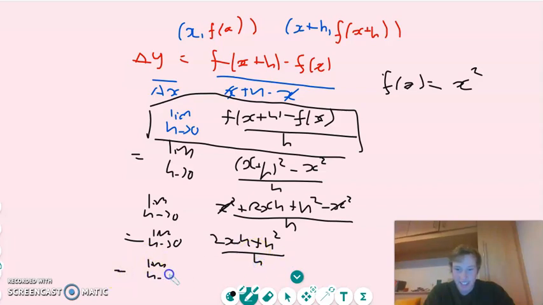Then dividing through by h: 2xh divided by h, well, the h is cancelled, so you've got 2x. And h squared divided by h, well, that's just h. And then when you've gotten rid of the fraction, you just think, right, let's sub in h is 0. So we've got 2x plus 0, and that's just 2x. So our final answer is 2x.